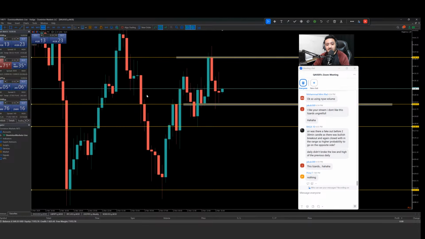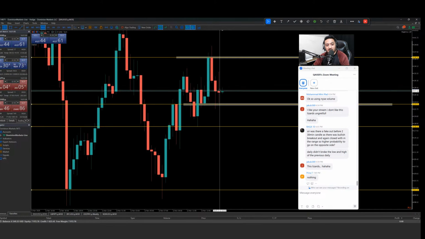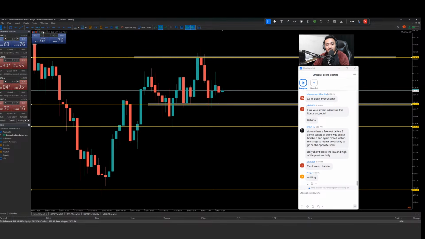Look at the 30-minute time frame. The 30-minute also doesn't have anything. Even if this breaks above this high, it also closes below with a small bearish candle, still in a range. If we look at the 50-minute time frame, critical support, critical resistance, just consolidation.